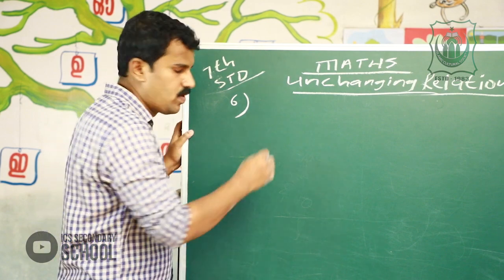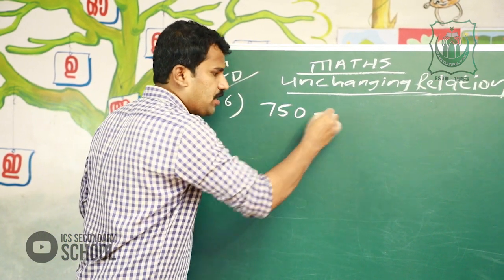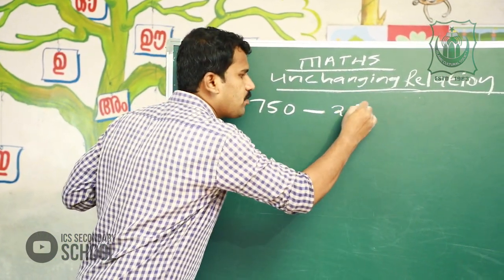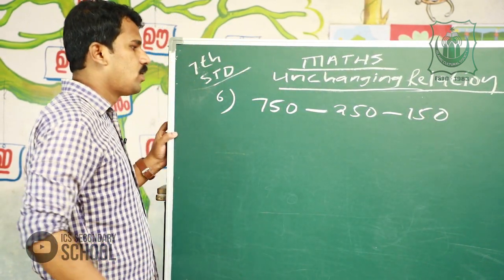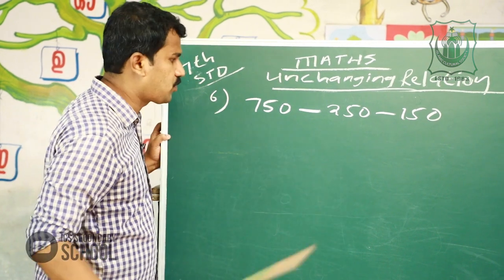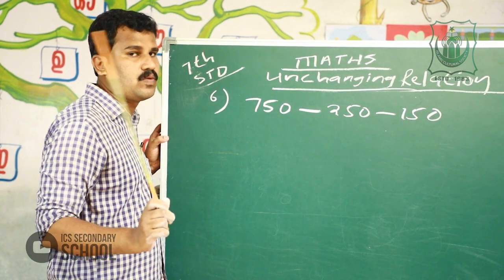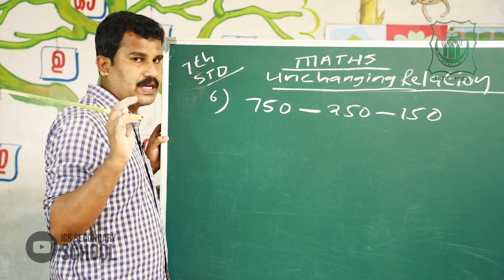So our next problem, solve 715 minus 215 minus 115. This is a subtraction problem, so we can do it in two methods.